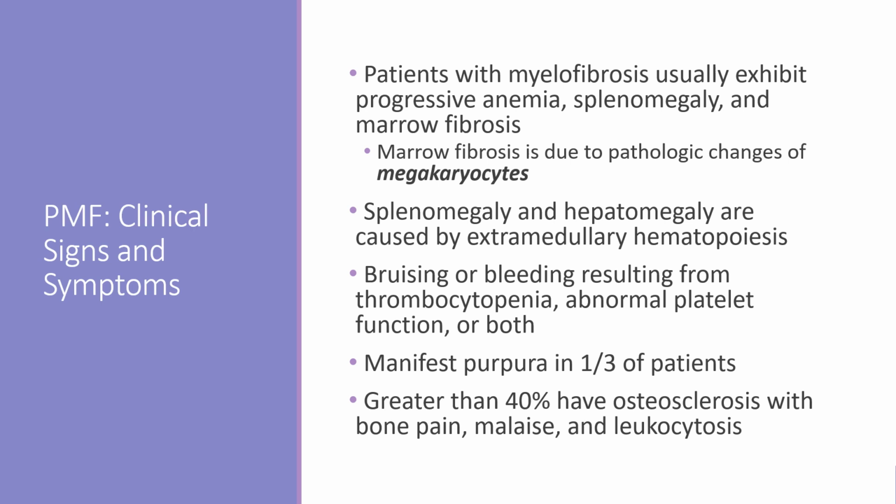Other things that we might see in patients with primary myelofibrosis are bruising or bleeding resulting from thrombocytopenia, maybe an abnormal platelet function, so they have platelets but they aren't working properly, or it could be a combination of low platelet count and dysfunctional platelets. Due to the low platelet count or abnormal platelet function, about one third of patients manifest purpura, which is like petechiae or purpling, little purple spots.